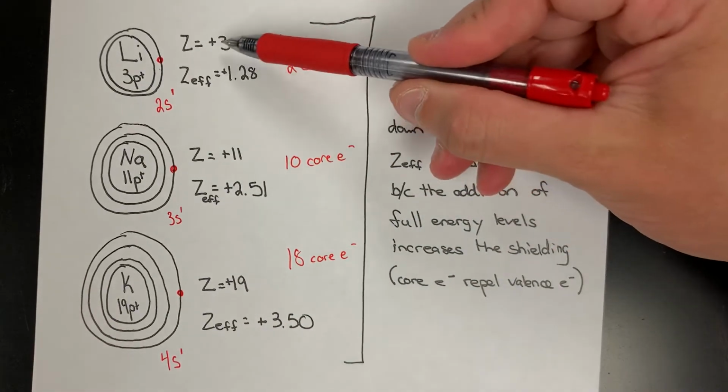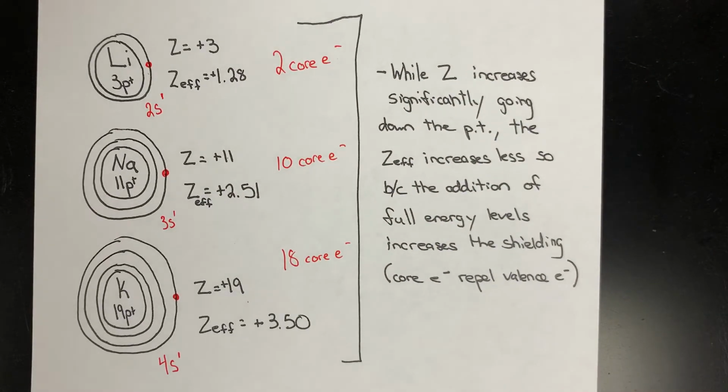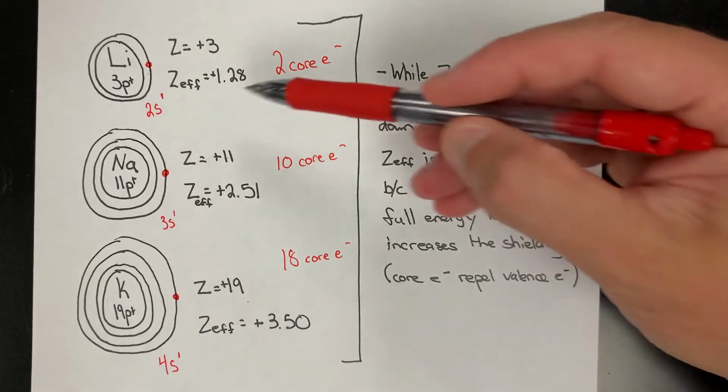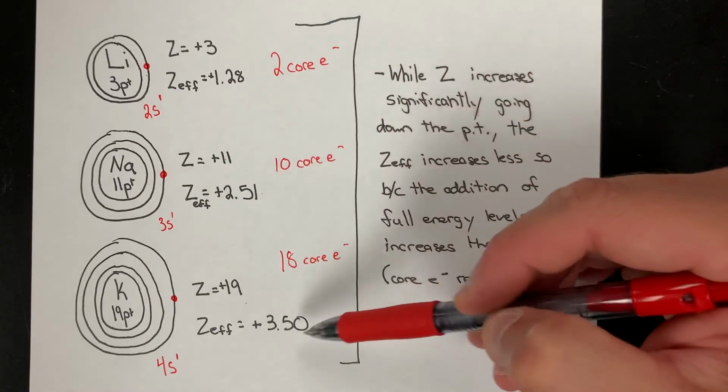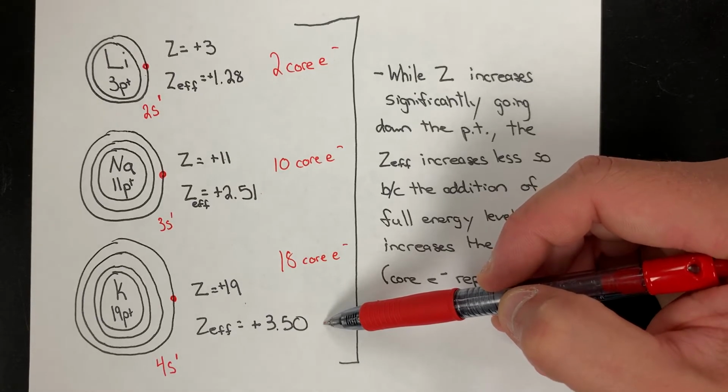So though the nuclear charge appears to be increasing by a really significant amount, because we keep adding core electrons, those inner electrons that are repelling the valence electrons, we find that the effective nuclear charge does increase, but not by this enormous amount, okay?